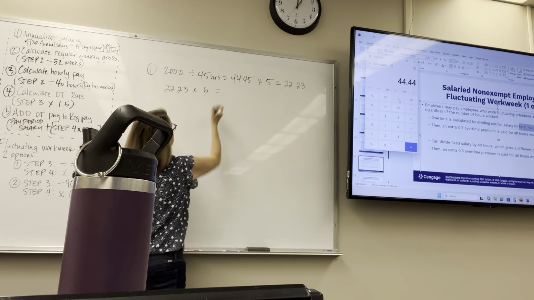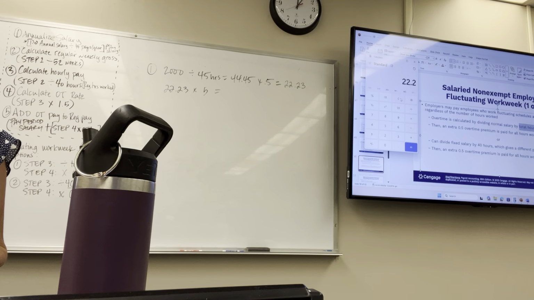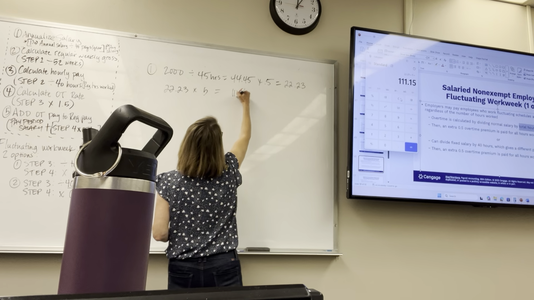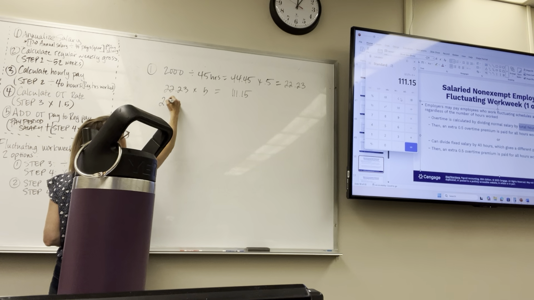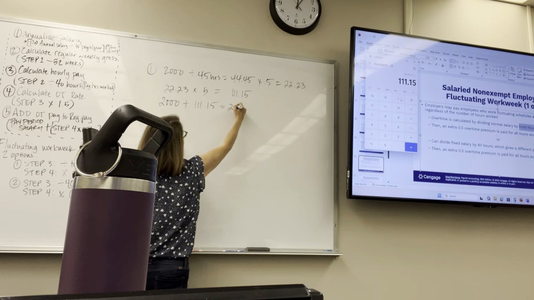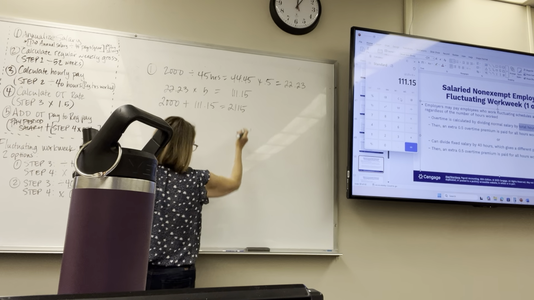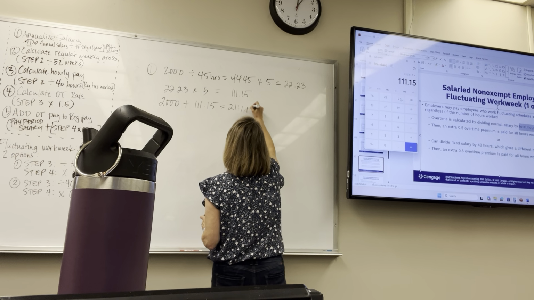That's right, 22.22 times 5. So 111.10. And then we would add the 2,000 plus the 111.10, 2,111.10.